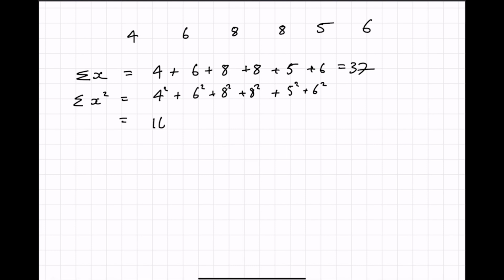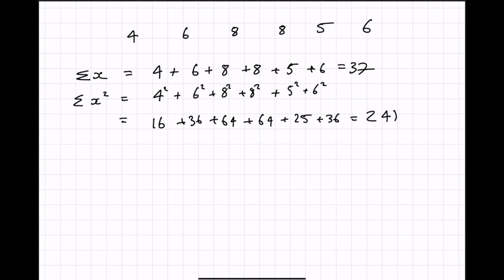So this is equal to 16 plus 36 plus 64 plus 64 plus 25 plus 36. So if I just pop all of that into my calculator, that's 241. Cool.